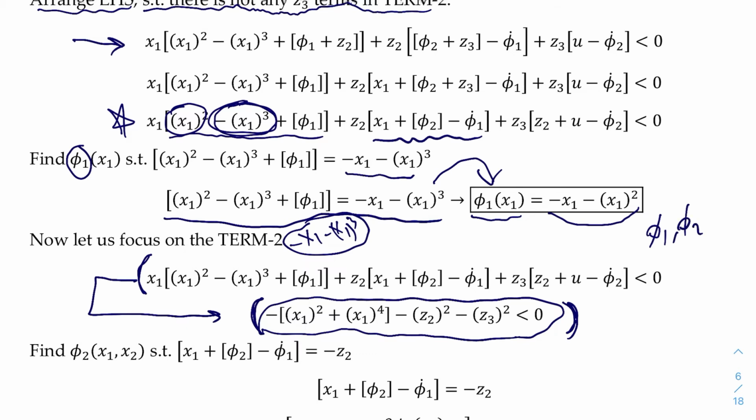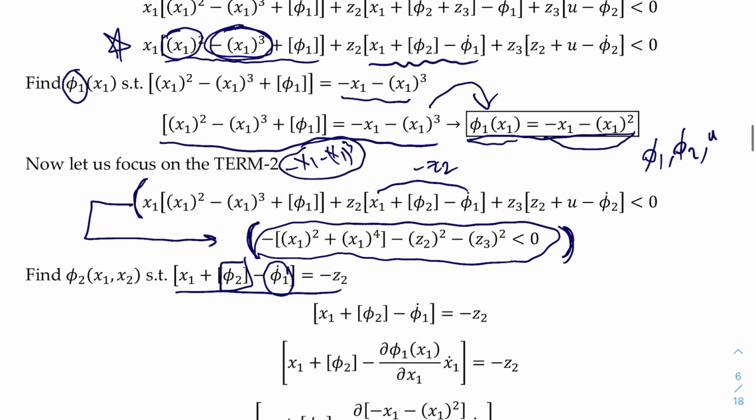Solving for phi 1 and then phi 2 and then u of x1, z1, z2. So we determine phi 1 here, right? We want this here because we want this to be minus z2. And we know what phi 1 dot is, and we need to find phi 2.